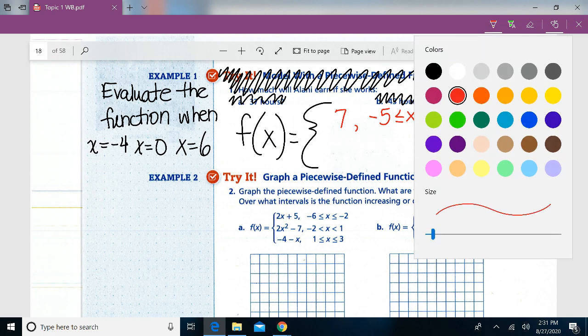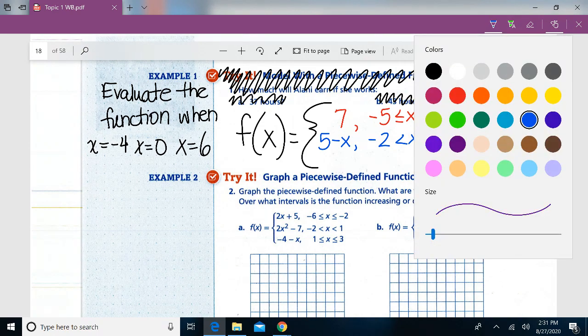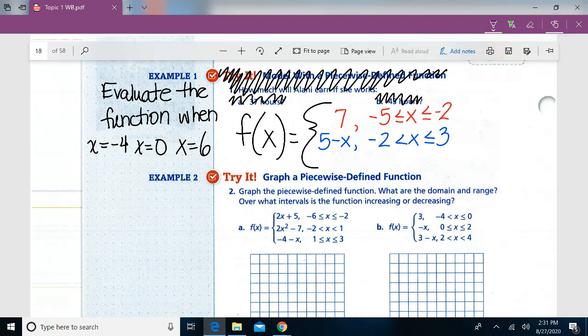The second line of the function in blue is now 5 minus x if negative 2 is less than x is less than or equal to 3. And then the third, I'll make that one in purple, is going to be 2x minus 3 if 4 is less than x is less than or equal to 6.